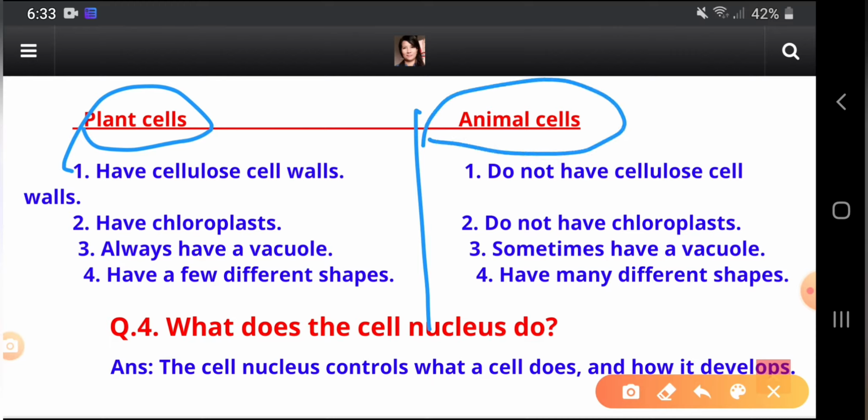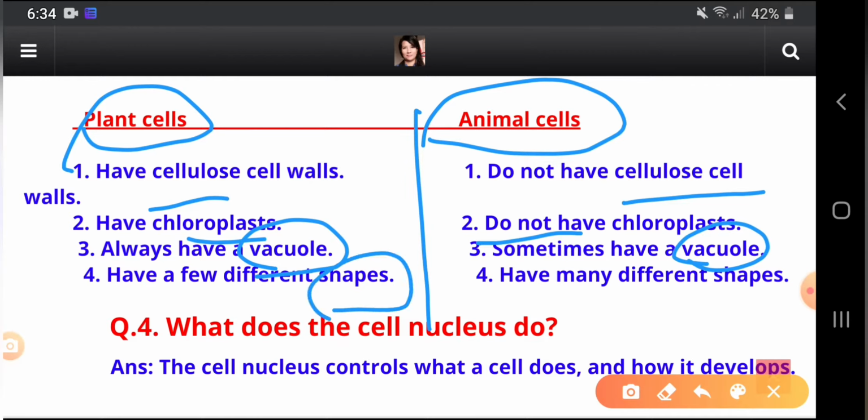Plant cells have cellulose, animal cells do not. Plant cells have chloroplasts, animal cells do not. Plant cells always have a vacuole, animal cells sometimes have vacuoles. Plant cells have a few different shapes, while animal cells have many different shapes.